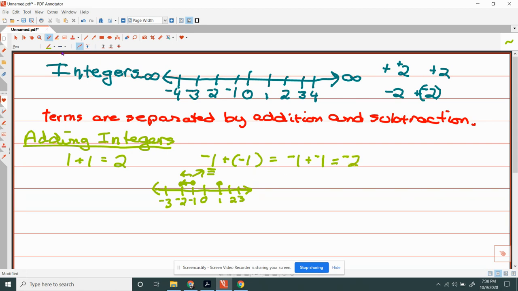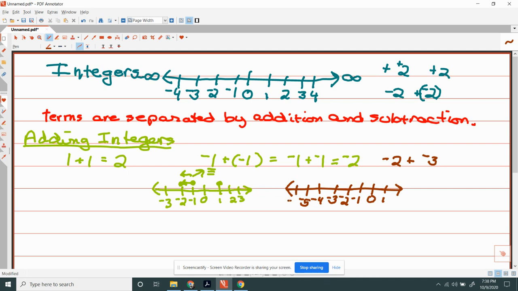What about, let's get another color, and let's make another number line. What about negative 2 plus a negative 3? Let's make 0 over here. And here's our 1. We have negative 1, negative 2, negative 3, negative 4, negative 5.